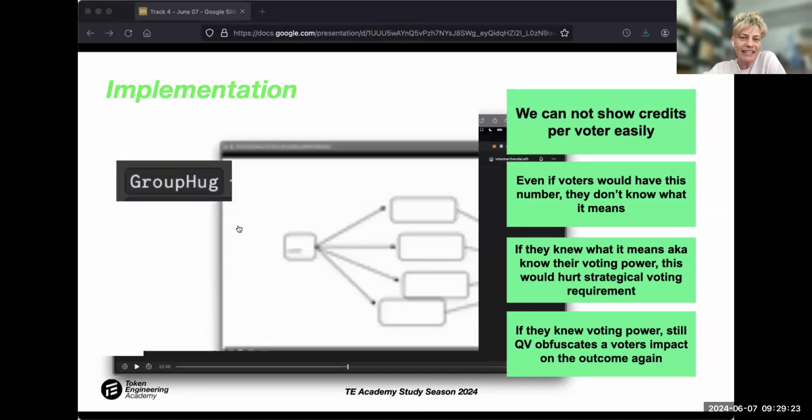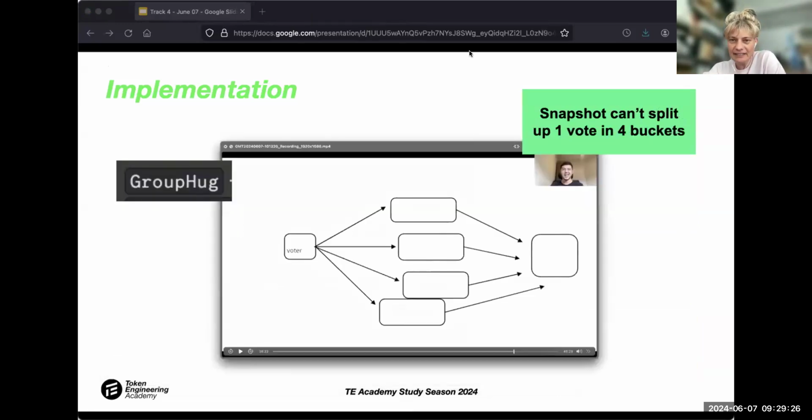Yeah, and then finally, here's an interesting insight. And this might lead not so much to, oh, sad, you can't use this mechanism. It's rather, hey, this is interesting information for Snapshot, because it's missing the capacity to split up votes in buckets.